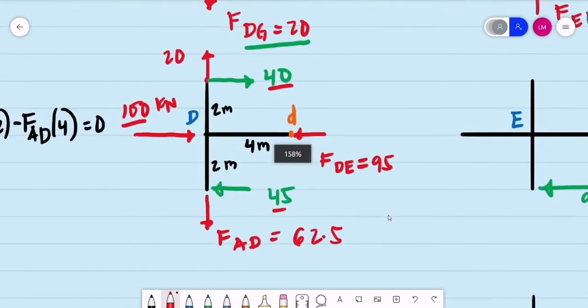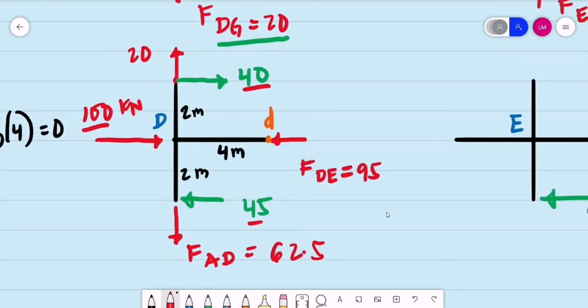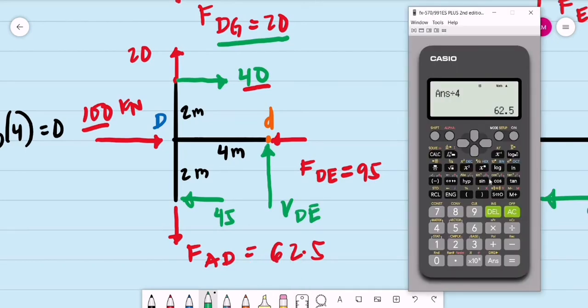Okay, next to compute is the shear force. This is the shear force for beam DE. I'll be assuming it is upward. All you have to do is do the summation of forces vertical.